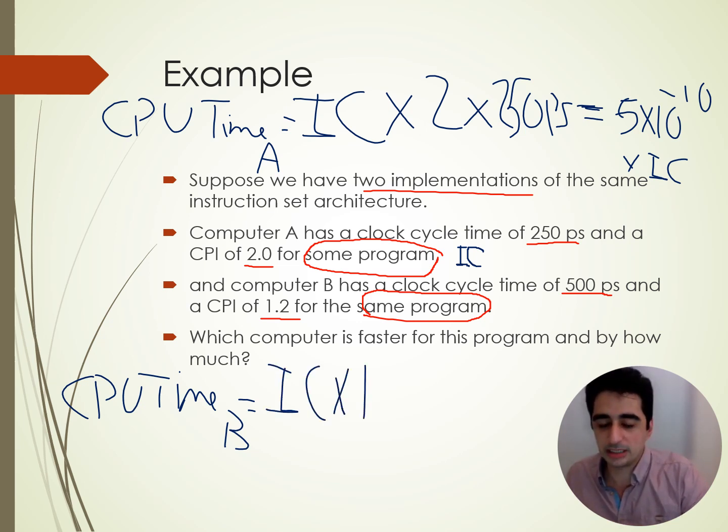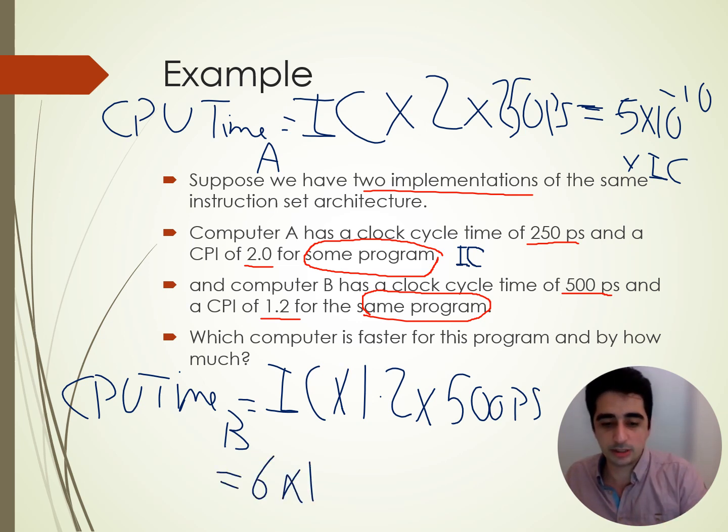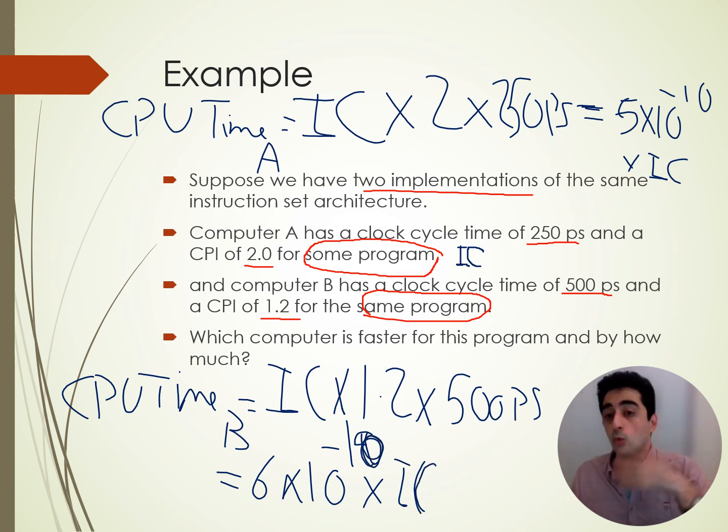The CPI is 1.2, and the cycle time is 500 picoseconds, which is going to be equal to 6 times 10 to the power of negative 10 times IC. Please note that, when I'm doing these calculations, I know 1 picosecond is 10 to the power of negative 12. So if you simplify it a little bit, you can get the numbers that I got, right?